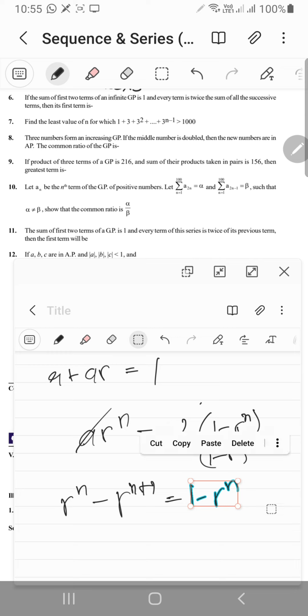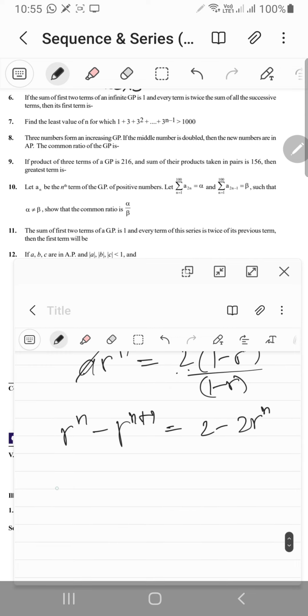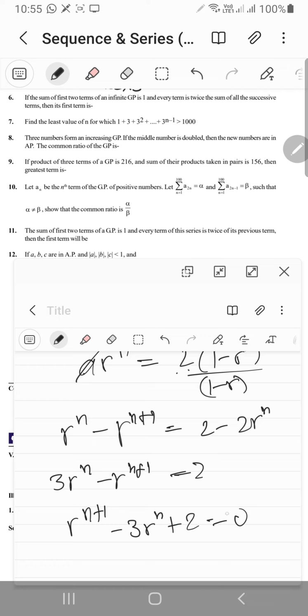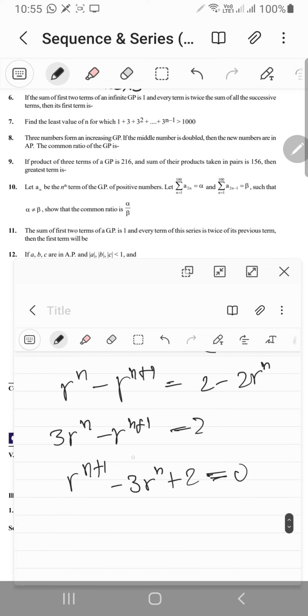So this should be 2 minus 2r power n, and that goes over there, just 3r power n minus r power n plus 1 equal to 2. Come on, think about it. R power n plus 1 minus 3r power n plus 2 equal to 0. I don't think it's factorizable in any way.